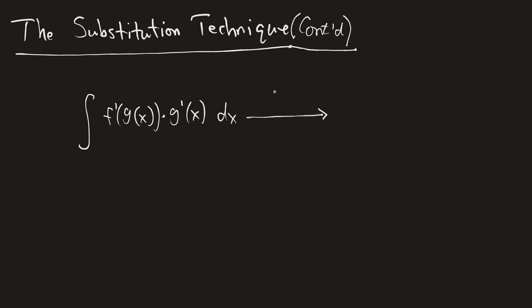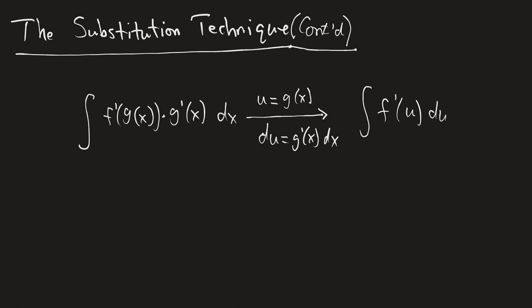Using u equals g of x and du equals g prime of x times dx, we're able to convert this integral on the left, which is in terms of x and has this pattern of the chain rule, into that integral with respect to u.